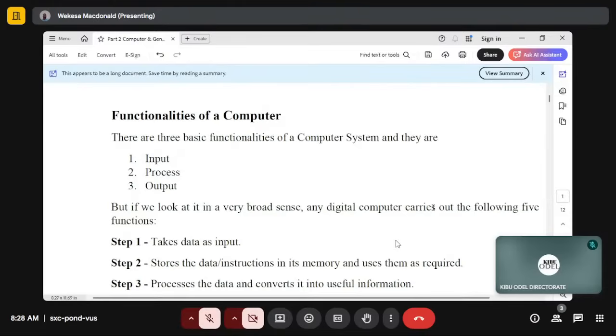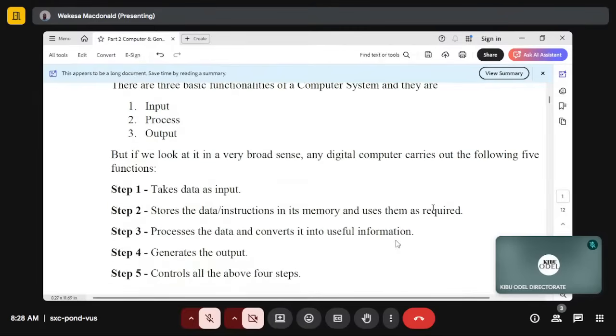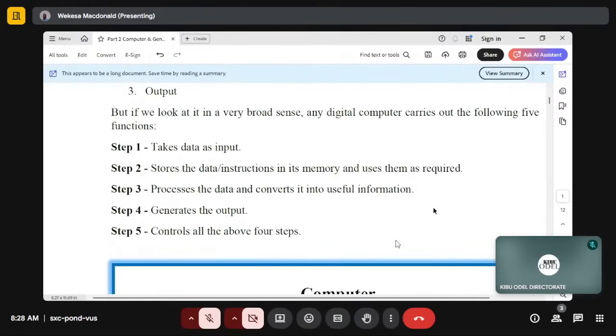Some of the functions of the computer is that it takes in input, it processes, it stores and produces the output. So if we look at a very broad sense, any digital computer, for something to be called a computer, it should do this.